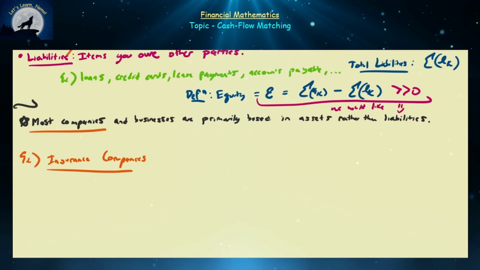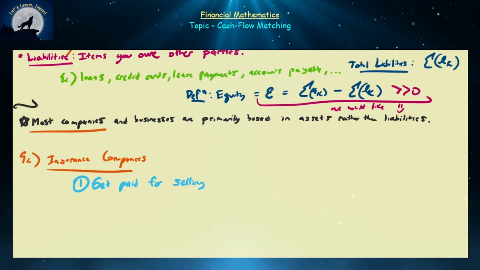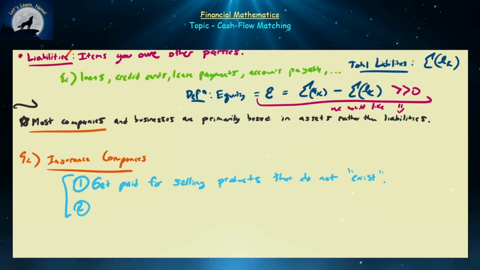There's two common principles you could associate to insurance companies. The first is as follows. They get paid for selling products, you could call them, that do not necessarily exist. And I'll go into detail of what I exactly mean by they don't exist.